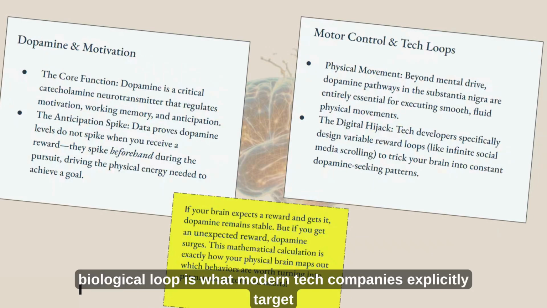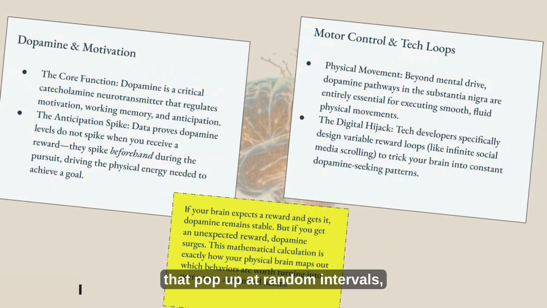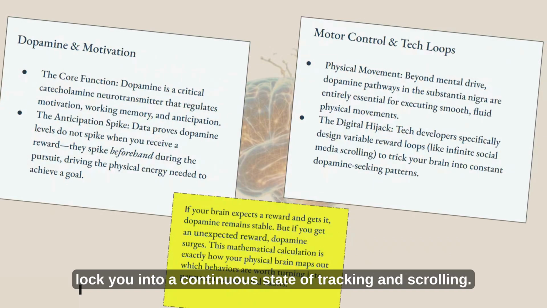This exact biological loop is what modern tech companies explicitly target. By utilizing variable reward structures like notifications that pop up at random intervals, apps systematically hijack your dopamine circuits to lock you into a continuous state of tracking and scrolling.